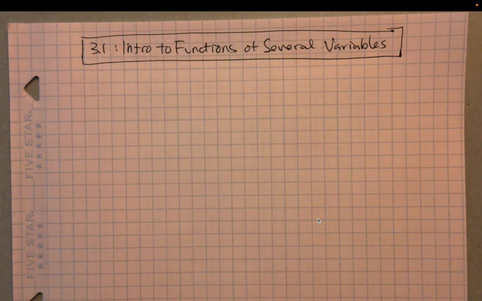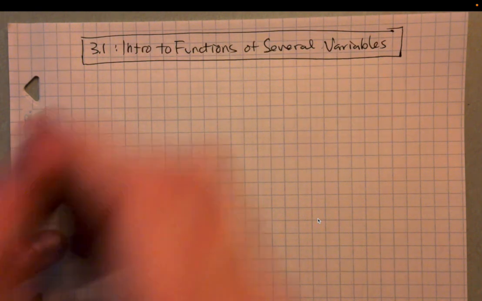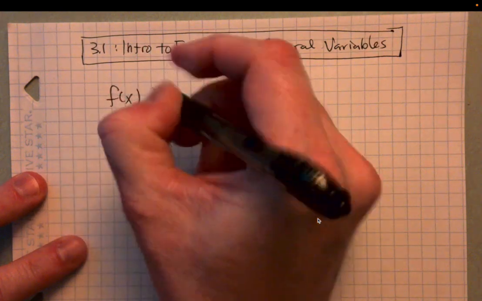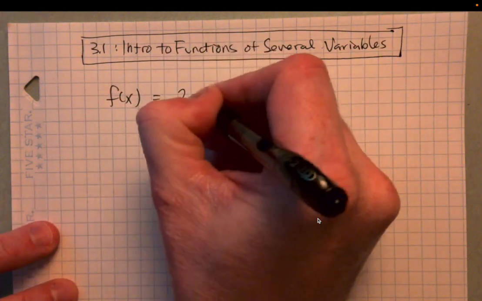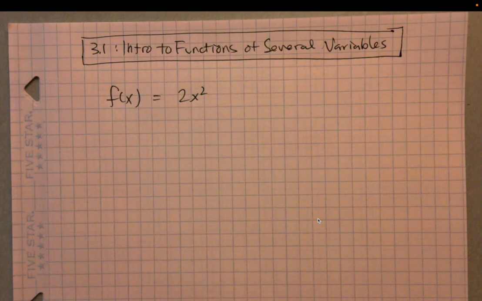So far we've really only dealt with functions of one single independent variable. So things like f of x equals 2x squared, for example. You have just a single independent variable x, and that's it.